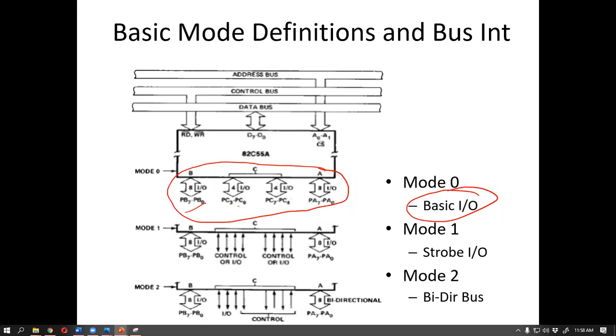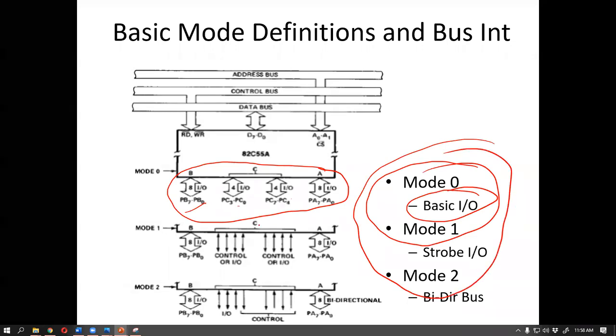Yes, sir. The advanced communication is bidirectional communication. So this is the mode 2 format. So in this mode, our group A and group B work only these 2 modes, and group A works 3 modes.